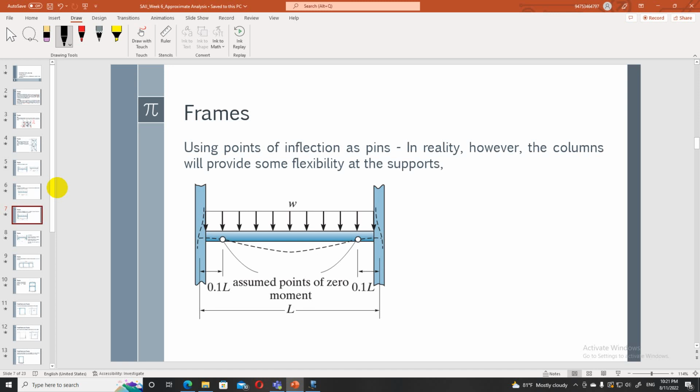So in that case we assume the point of inflection occurs at 0.1 L distance from the support. The beam on the frame is considered as a reality solution, so you can assume the moment 0 point as 0.1 L, where L is the span.